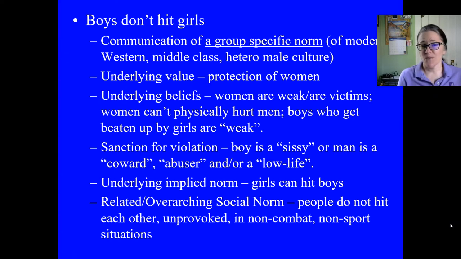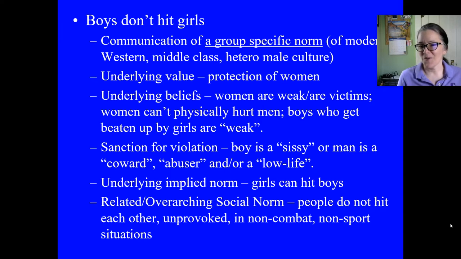There are negative sanctions for boys that hit girls. They could be considered sissies, cowards, and then as adults, abusers. The underlying implication here is that it's somehow okay, though, for girls to hit boys. Is it, though? But think about what we communicate in these norms. And then the related overarching social norm here is that people do not hit each other unprovoked in non-combat, non-sport situations.